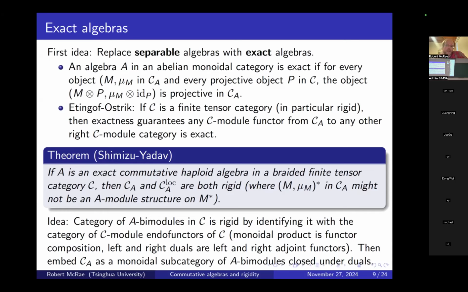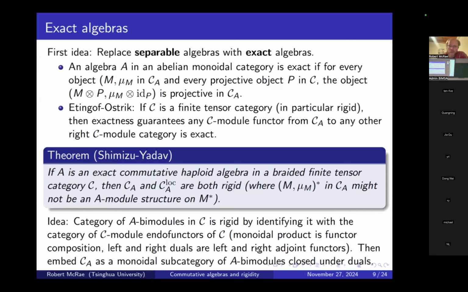So it's a subcategory of a rigid category, which is closed under duals, so it's a rigid category. But it's not so easy to see what the dual of any object is, because the duals are coming from just the abstract existence of adjoint functors in this functor category. You cannot be so explicit maybe about what this dual object looks like.